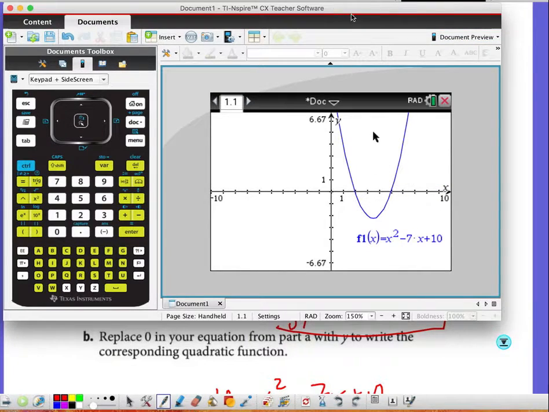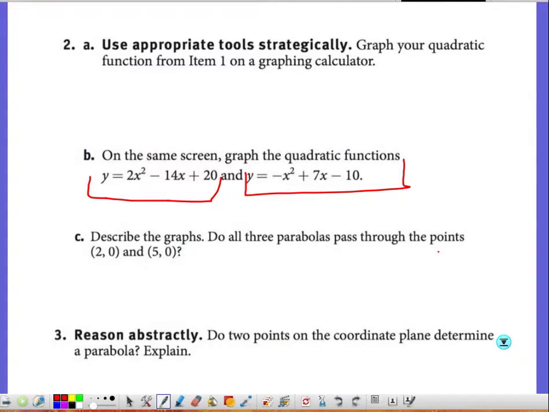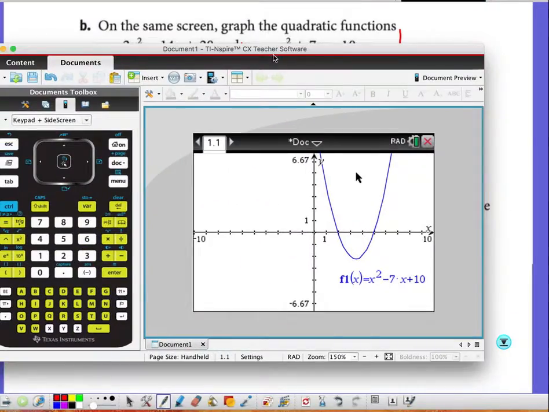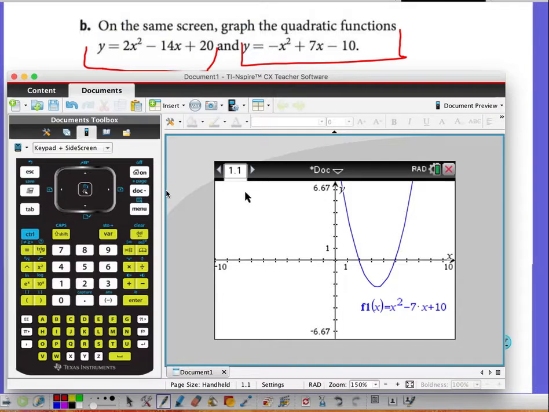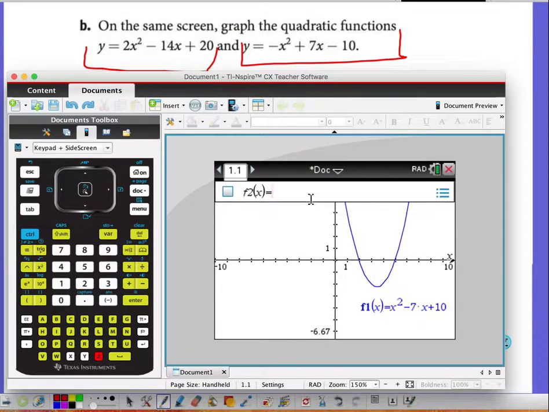Now let's go ahead and graph these other 2 functions that it gives us, which are right here. So I'm going to hit tab. y equals 2x squared minus 14x plus 20.